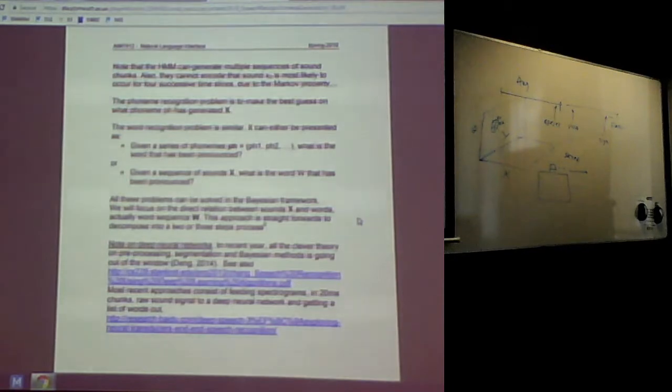Nothing stops you. Say, given this sequence of spectral slices, what was the word said? And deep neural networks tend to do this approach. You feed them spectrograms, and then they give you out the word list.